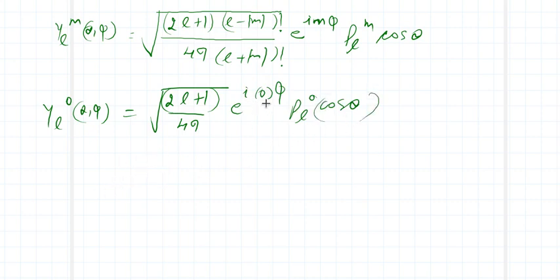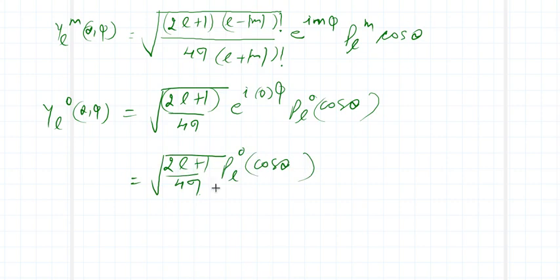And e raised to power 0 is 1. Something raised to power 0 is always 1, so this term will vanish. So it is the square root of 2L plus 1 over 4 pi, times P_L0(cos theta).